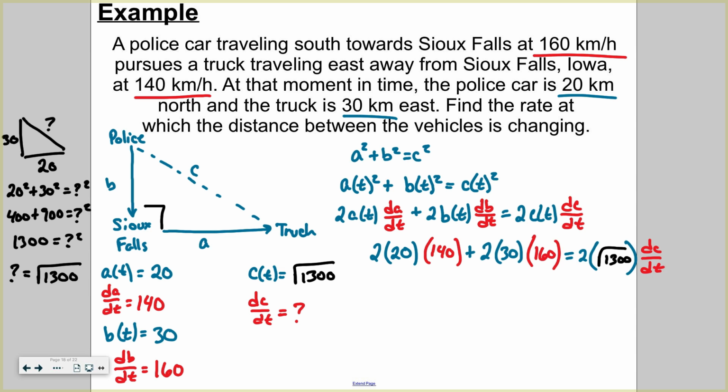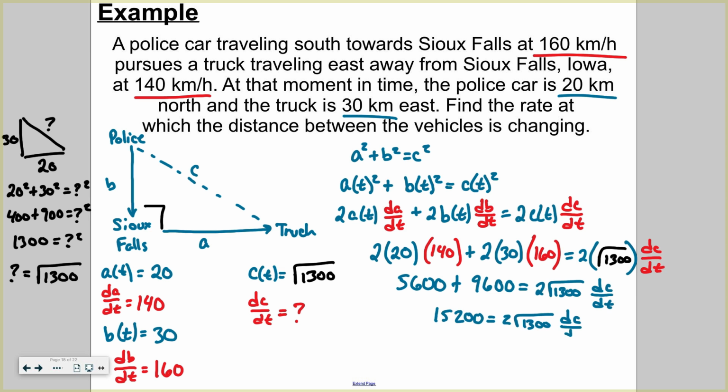So let's see. 2 times 20 times 140 is going to be 5,600, plus 2 times 30 times 160, which is going to be 9,600. And this is going to be 2 radical 1300 dc/dt. All right, so let's see. 5,600 plus 9,600 is going to be 15,200 equals 2 radical 1300 dc/dt.